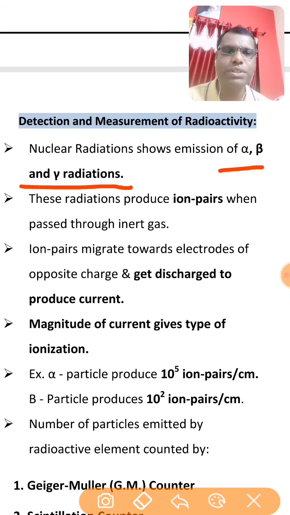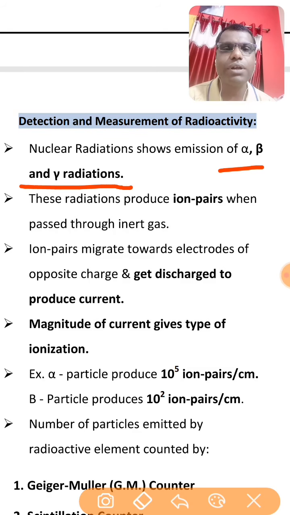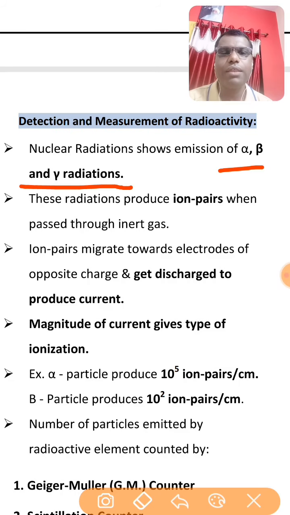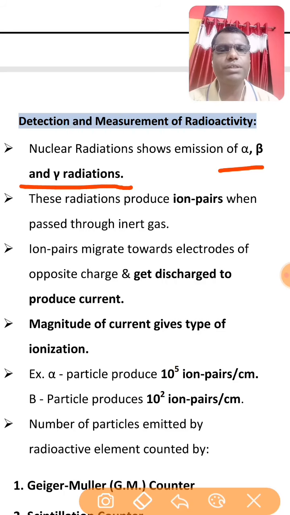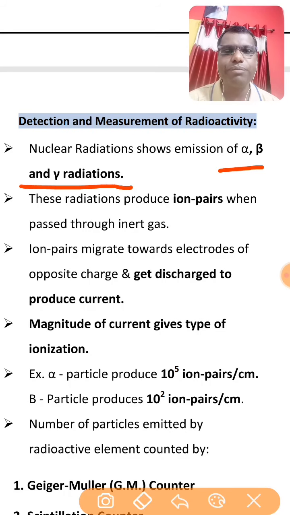So based upon this type, there are different types of decay: alpha decay, beta decay, or gamma decay, based upon the type of radiation emitted by the radio element.